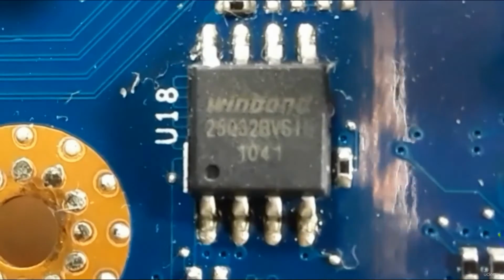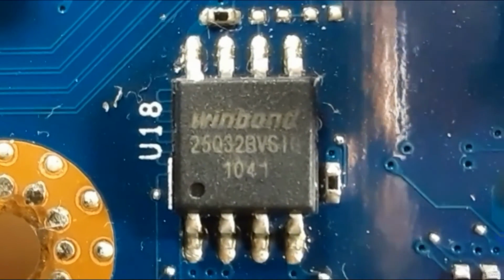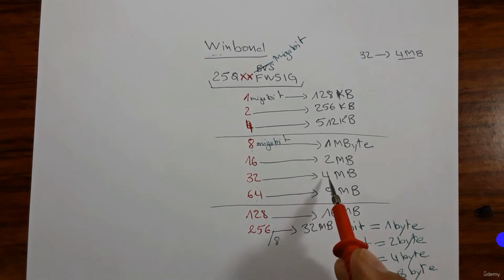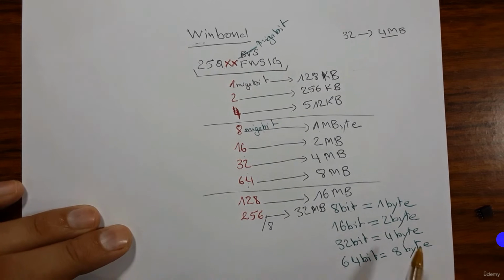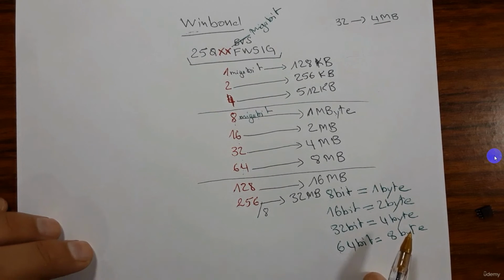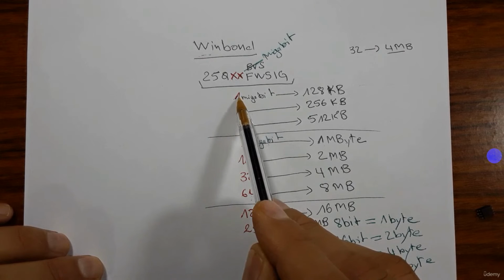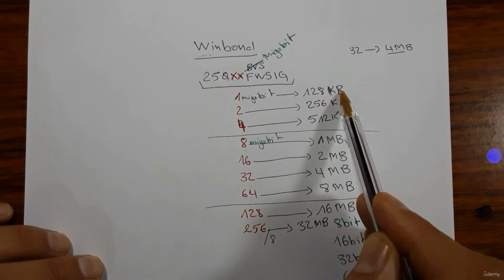Okay, so let's check again. So we have 25Q32. 32 megabit means 32 divided by 8 equal 4 megabytes. Okay, so this is the working principle of the BIOS sizes. So for this, as you can see here, 1 megabit equal 128 kilobytes.